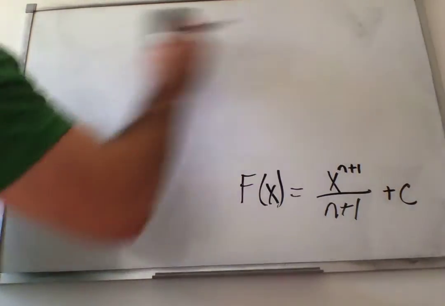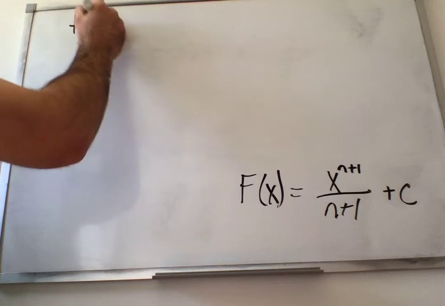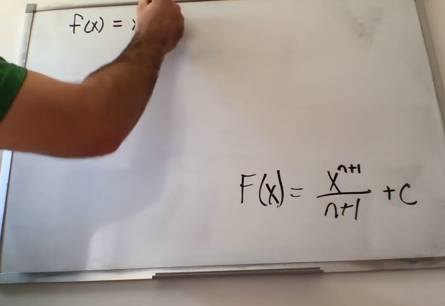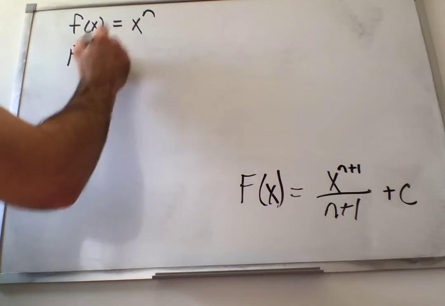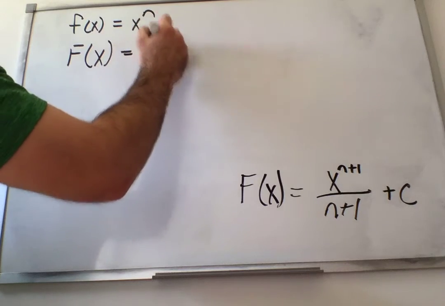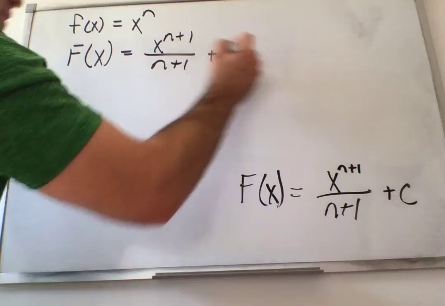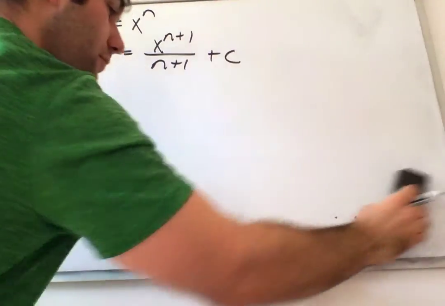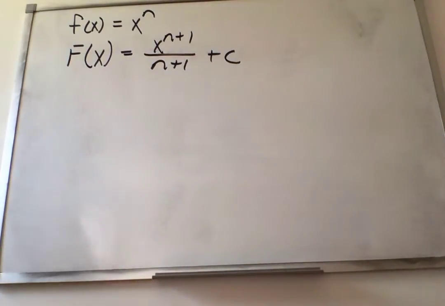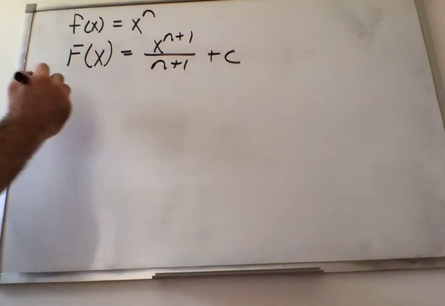Let me organize this better. f of x is equal to x to the n. Big F of x is equal to x to the n plus 1 divided by n plus 1 plus c. Okay, let's take the derivative.